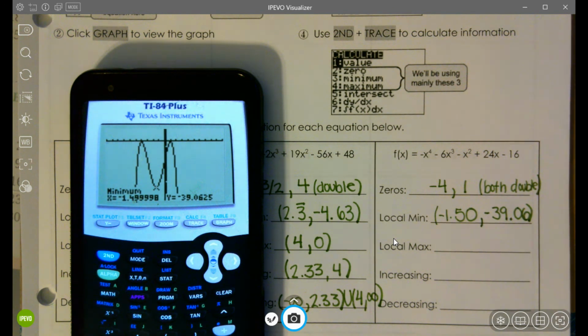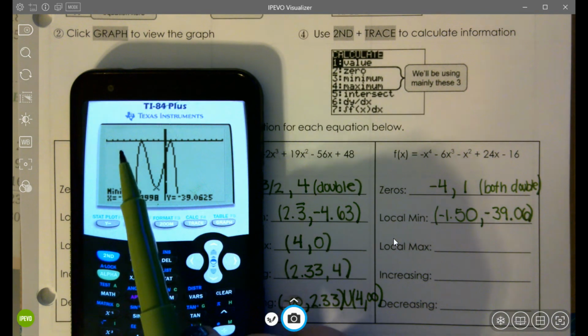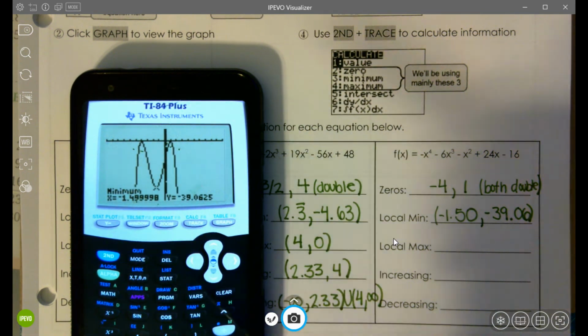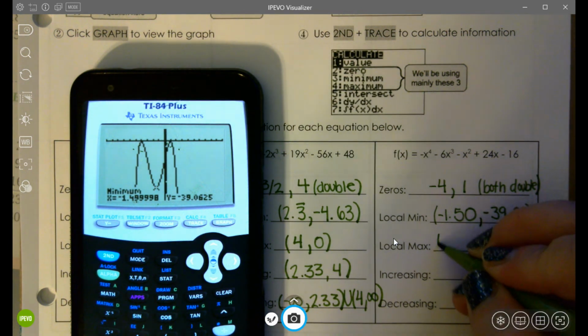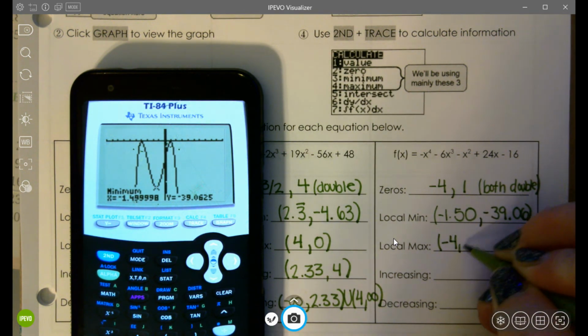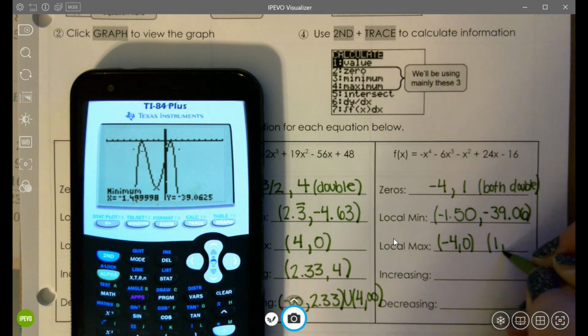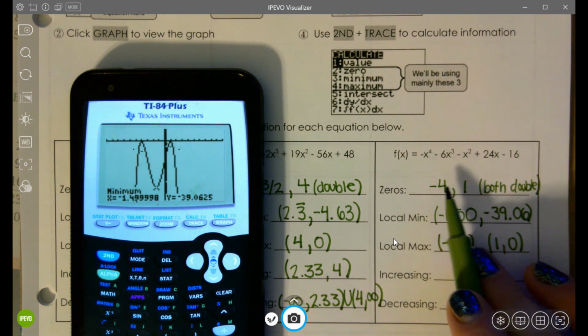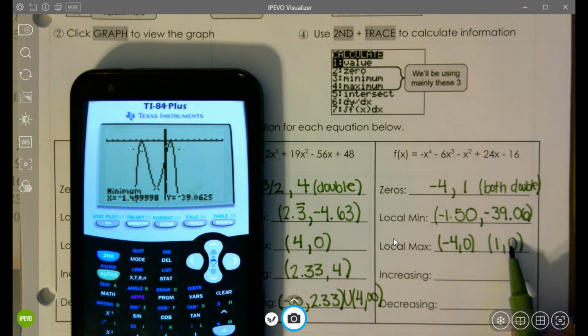And there's 2 local maxes. I'm going to save us a little bit of trouble right here. It's these 2 points that are the zeros. So guess what? I'm just going to say that I have a local max at -4, 0, and 1, 0. Because they were my zeros, I know that these were my x values, and the y value is 0.